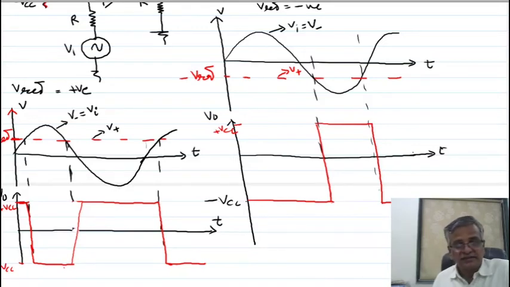In practice, the output is not taking it like this. The output takes a slanted edge like this. The reason is that the output takes some time to change from one voltage level to another voltage level.